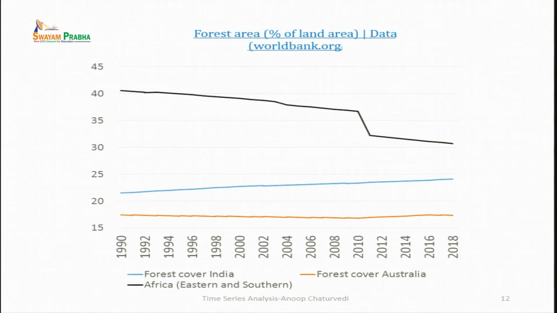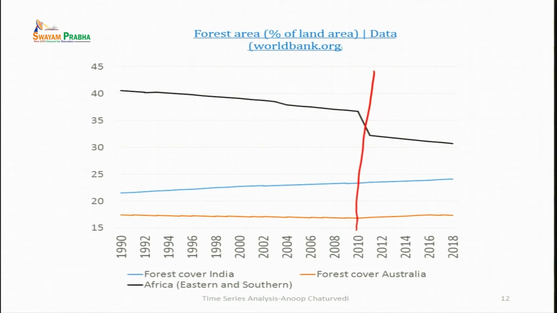Now, at a particular point of time, say on a particular year, if you take say 2010, then the figures of a particular year show that the percentage of forest land in Africa is the maximum. This is the kind of information you get from the cross section data.